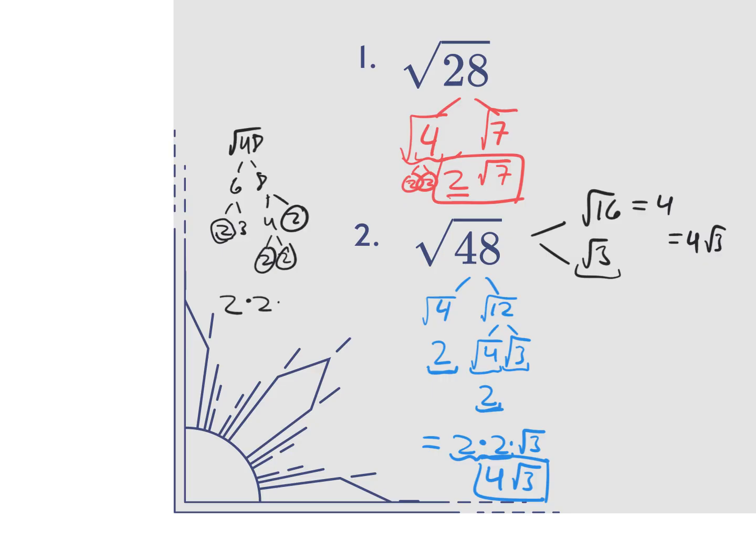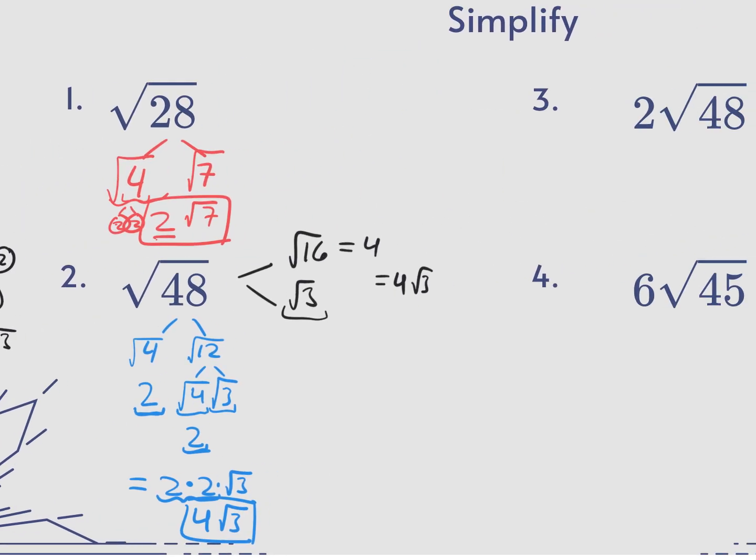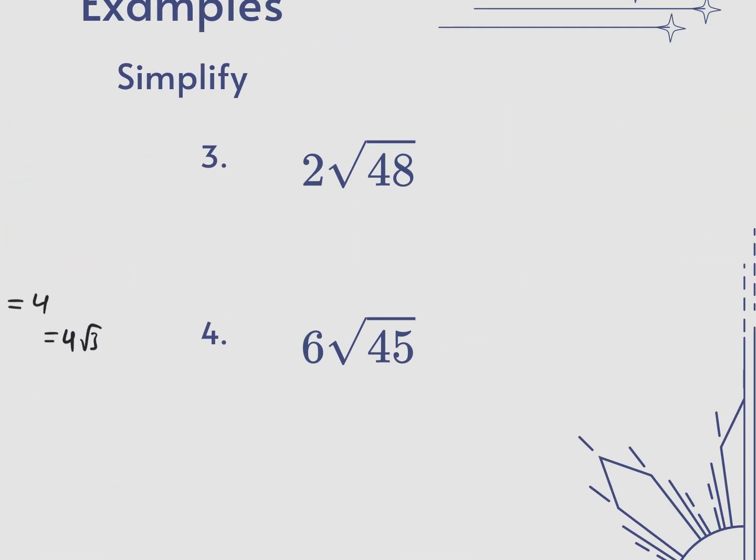Any pair you multiply if there are multiple. And then 3 is the only lonely factor that stays inside the radical. And you see that no matter what way you do it, you get the same answer of 4 square root of 3. All right, so hopefully that makes a little bit more sense.